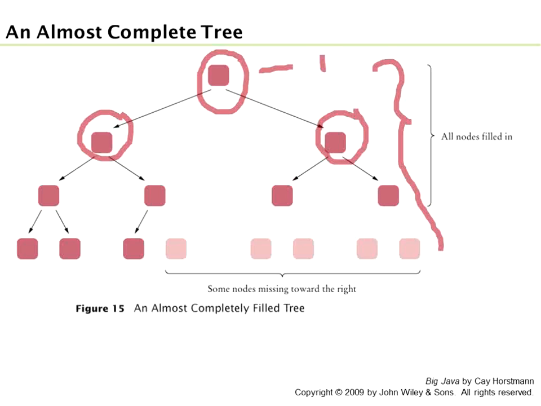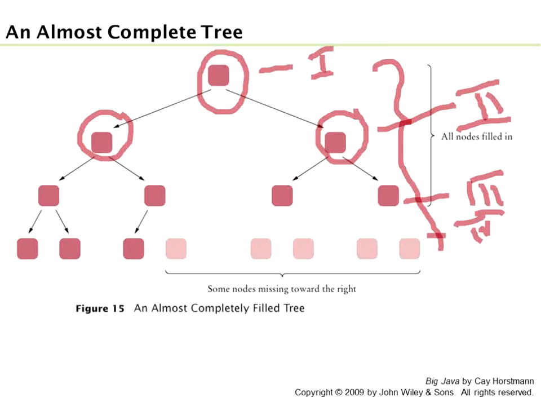So this is level 1, this is level 2. Now if you want to insert a new node, you will go to level 3. So this is level 3. Now here you can see, once you are at level 4, some nodes are missing towards the right.